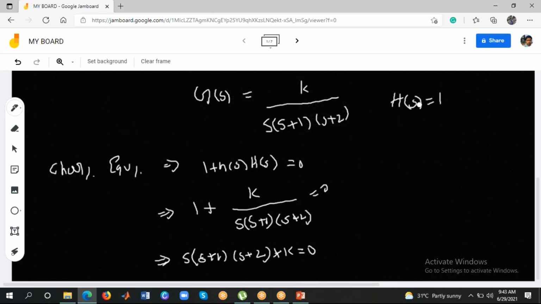Now you expand this term. S square plus S, first S multiplied by S plus 2.